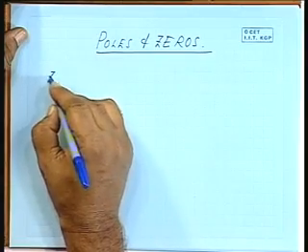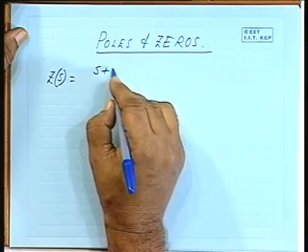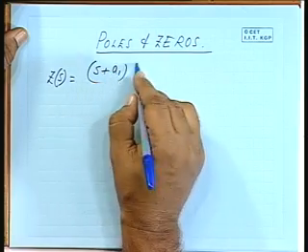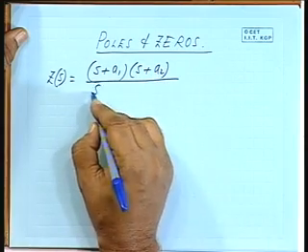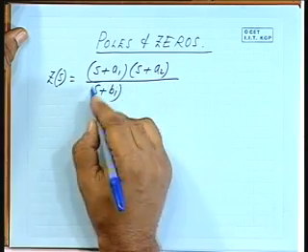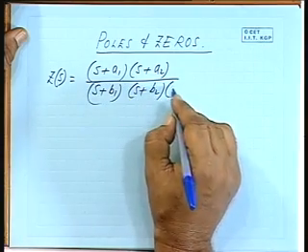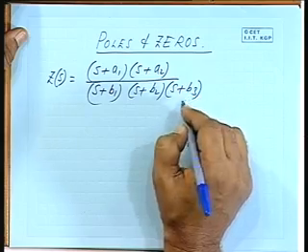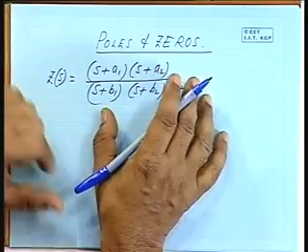Suppose we have a function Z(S) equal to (S plus A1) into (S plus A2) divided by (S plus B1) into (S plus B2), or maybe S plus B3 also. When we make partial fractions of such functions, it may be just the response function, or when Z(S) is there, if you give an impulse input, then this itself will give you the output function.